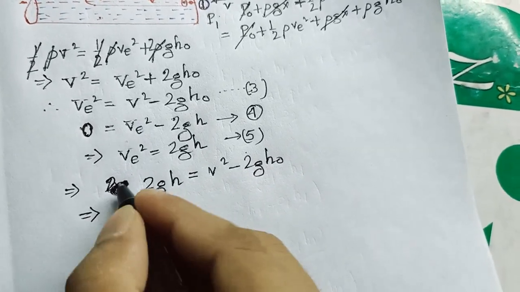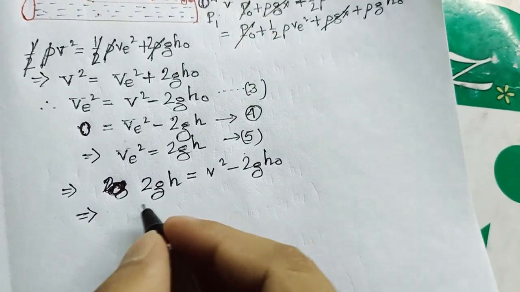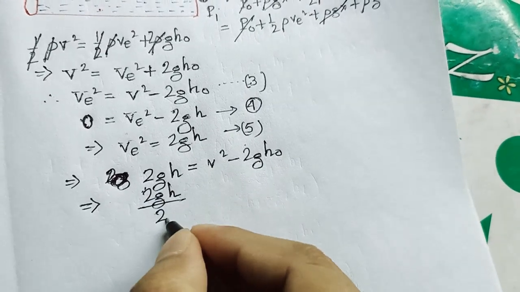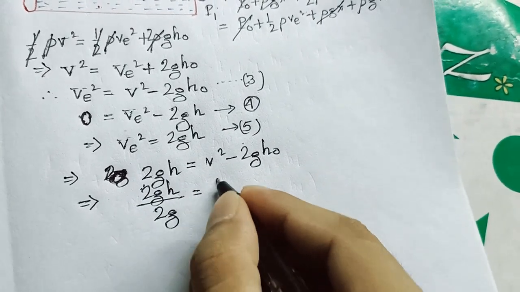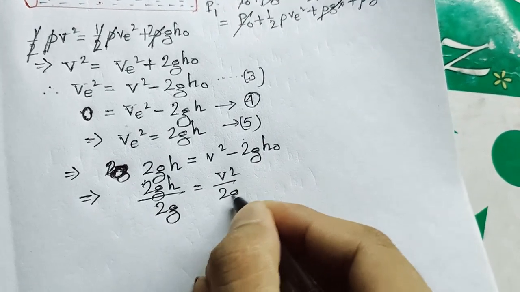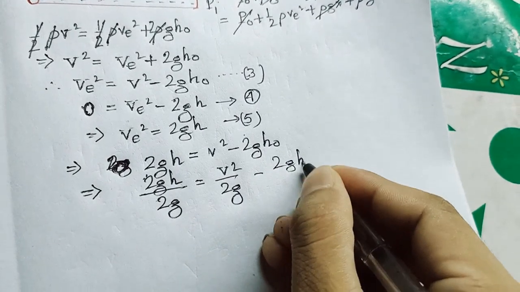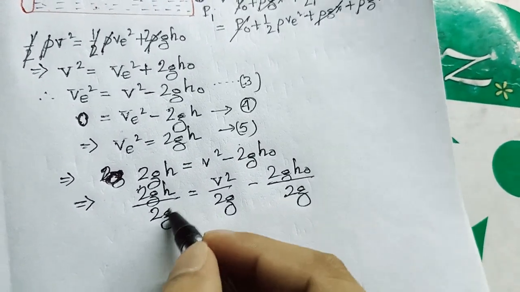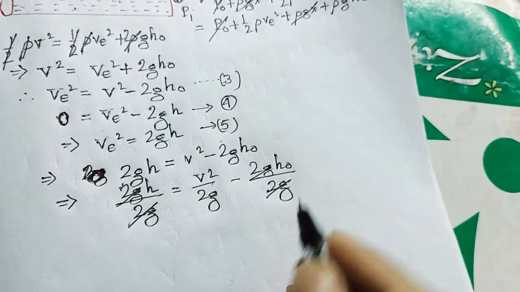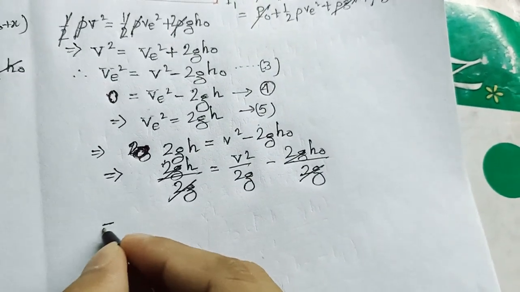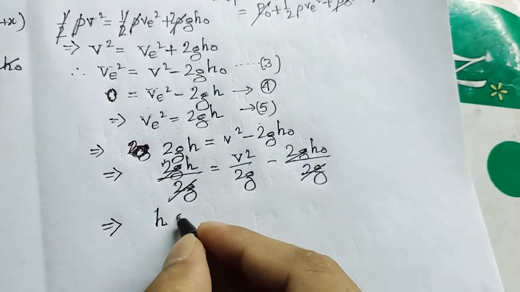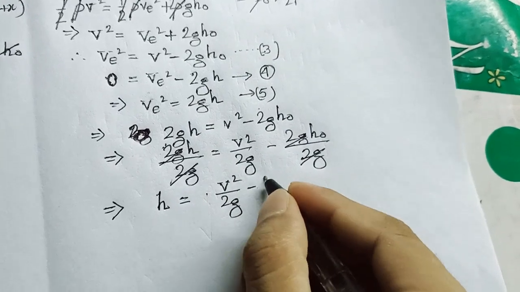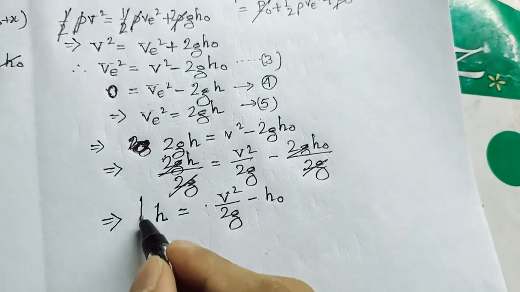Now if we divide this by 2g, then our equation will become 2 g h divided by 2g equal to v square divided by 2g minus 2 g h naught divided by 2g. Now this 2g gets cancelled, this 2g will again get cancelled. So our ultimate value of height will be h equal to v square divided by 2g minus h naught. So this is our required height.